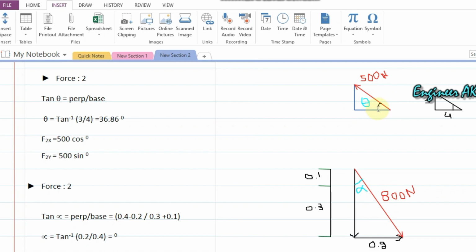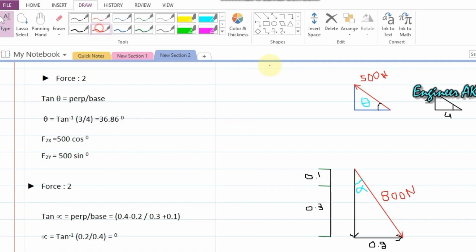So this will be the cos component, right, because it is making the angle with this negative x-axis. I told you that this is moving toward this direction, and this is our negative x-axis, and at this side it is the positive x-axis, so this component will be negative. So I will plug here 500 cos of theta.